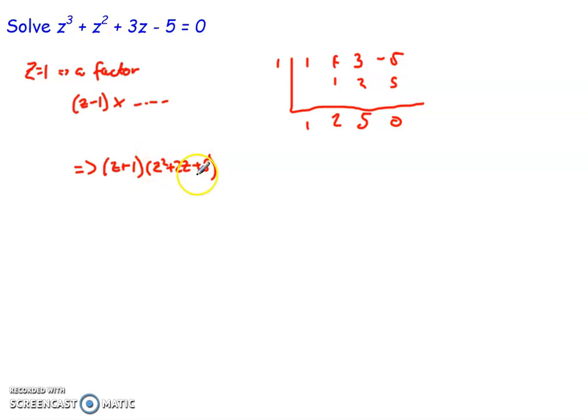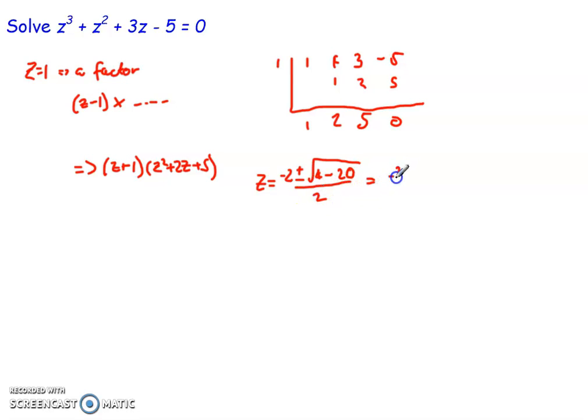So now I look for the solutions of z squared plus 2z plus 5. And for that, just jump straight into the quadratic formula. Save yourself the hassle of doing a lot more maths. So again, negative b plus or minus square root of b squared minus 4ac. So I get negative 2 plus or minus the square root of b squared, which is 4, minus 4 times a times c, so minus 4 times 1 times 5, so minus 20, all over 2a, all over 2.